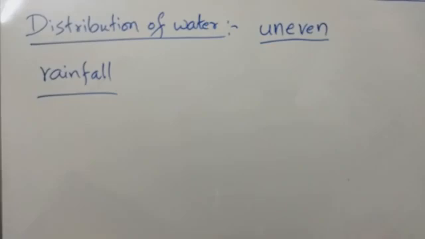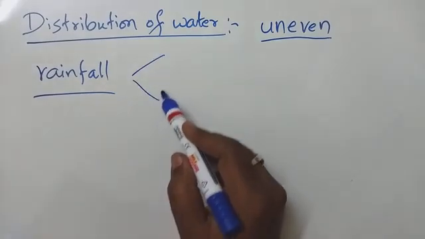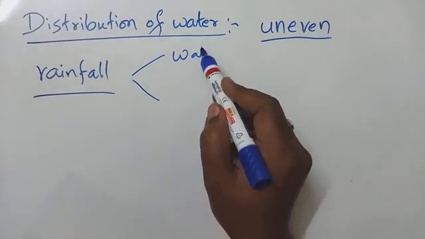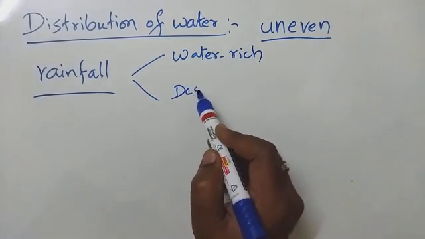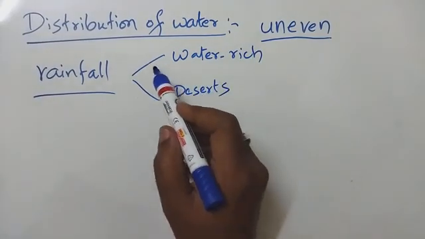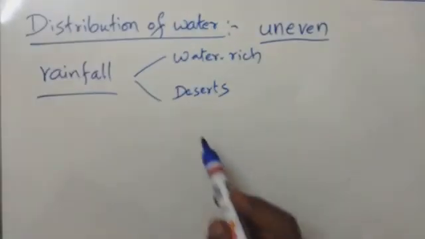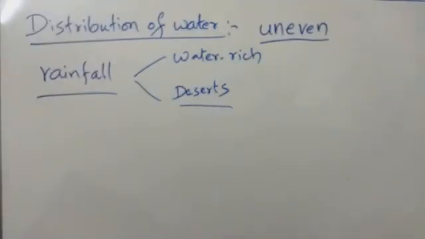So those places are water rich. And some other places there is no rainfall. Such places remain as dry lands or deserts. So based on rainfall, some places are water rich and some places are deserts. Here rainfall is very heavy. Here there is no rainfall or less rainfall.